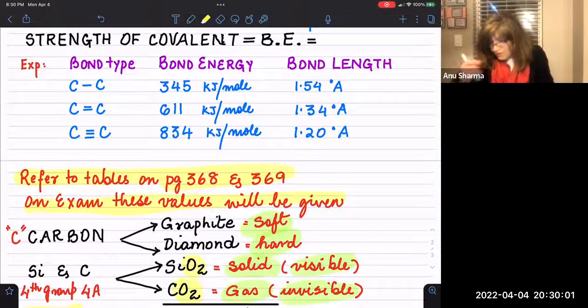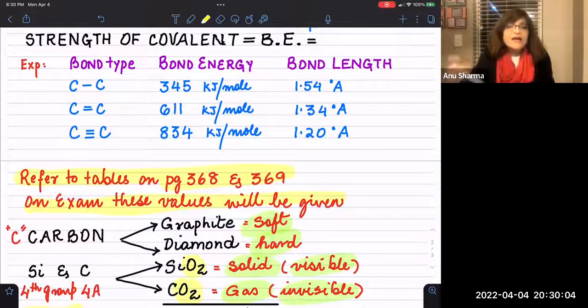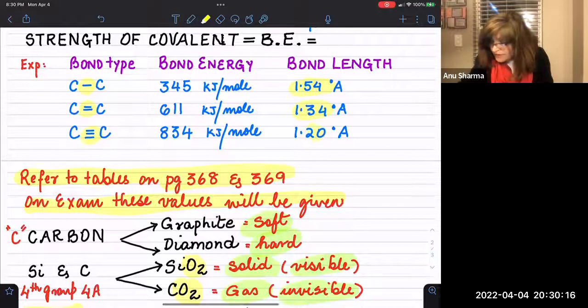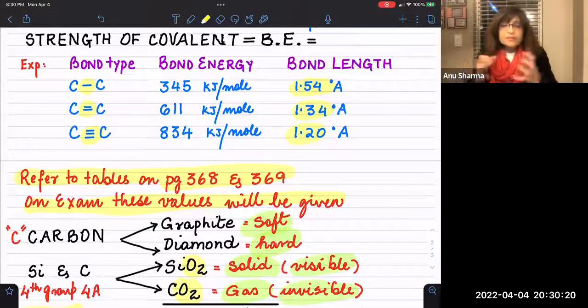So it's not like you have to memorize, but just try to understand that the bond length for a single bond is more, the double bond is in between, and the triple bond is the lowest. So we see that in the triple bond the atoms are much closer to each other versus the double bond and the single bond.